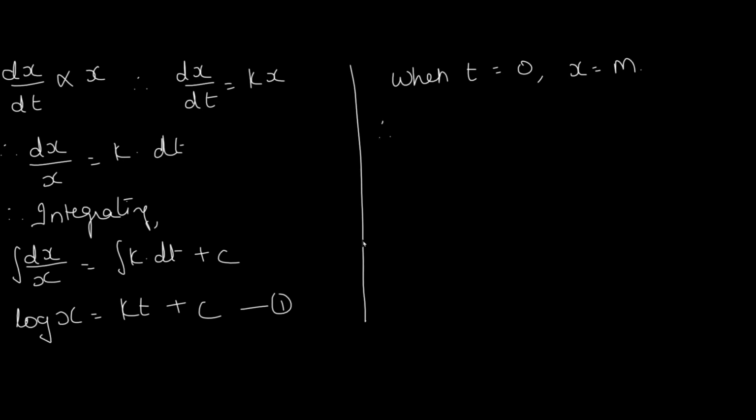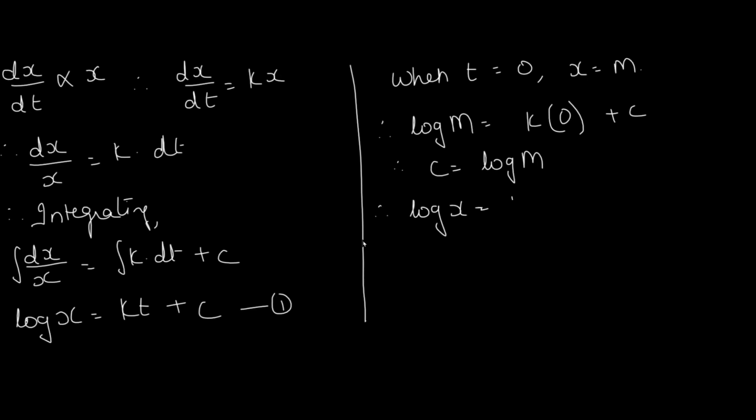And therefore equation 1 becomes log m is equal to k into 0 plus c. And therefore c is equal to log m. And therefore equation 1 we can modify and write as log x is equal to kt plus log m. Say this is our second equation.